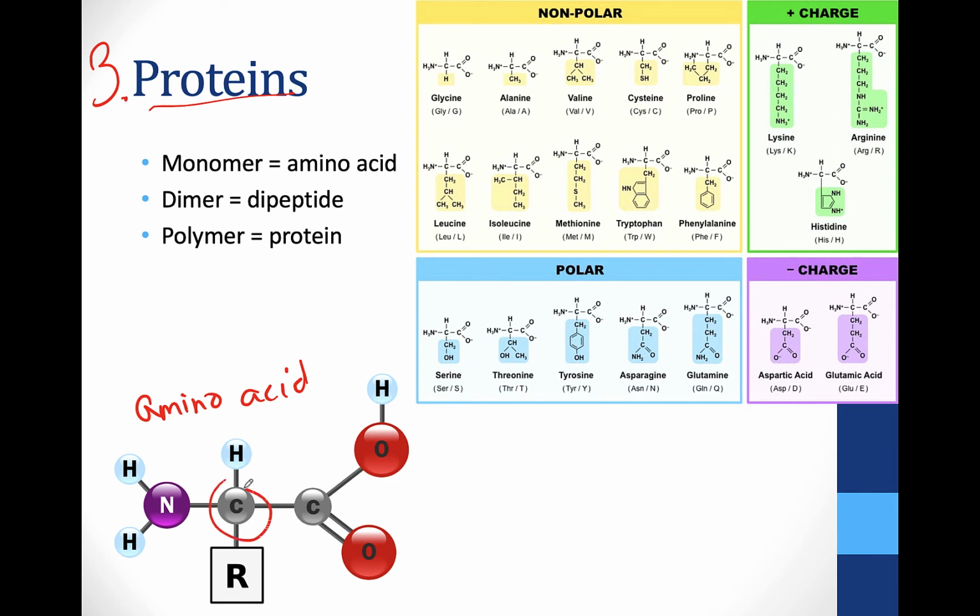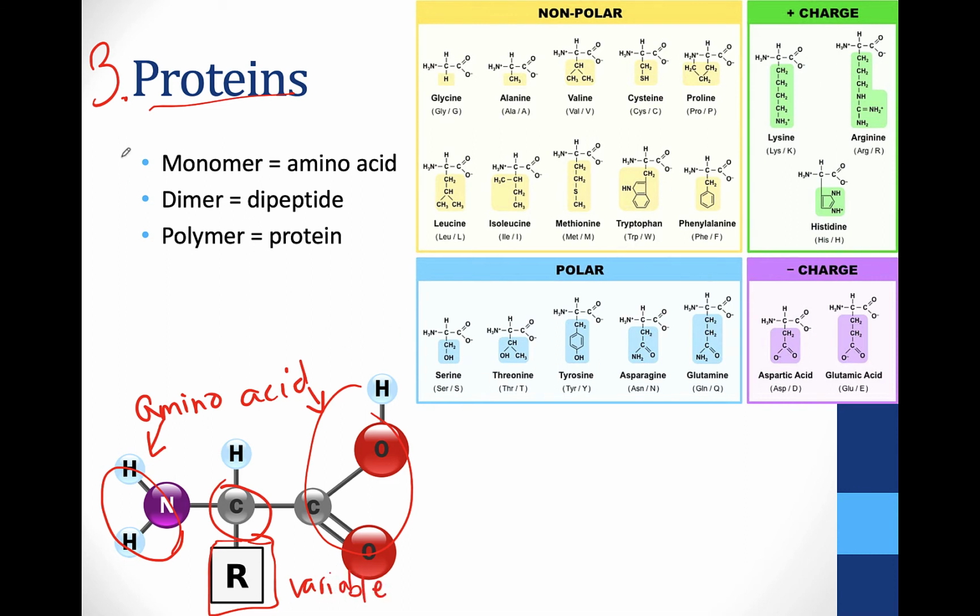It has a central carbon. They always have this NH2 group, that's an amino functional group. That's where the amino part comes from. And then it's got this carboxylic acid group over here, which is where it gets the name acid. You can see down here it's got like this R. So R is the variable group.